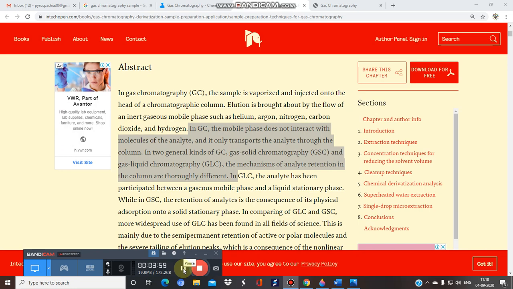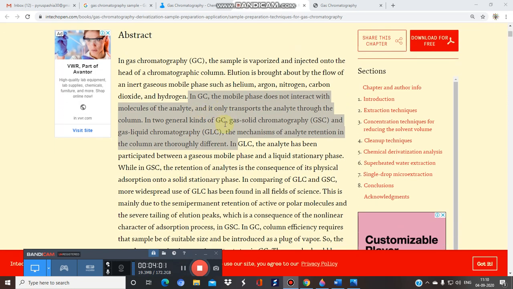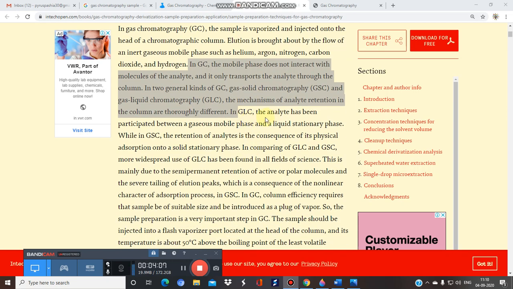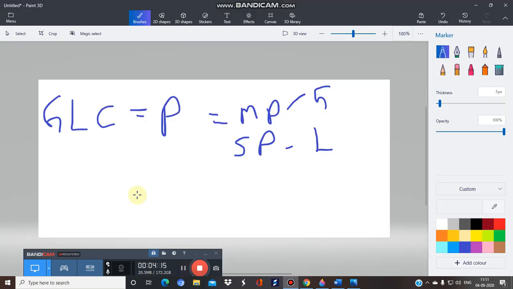In general, we know gas solid chromatography and gas liquid chromatography are used. See this important line: in GLC, the analyte partitions between a gaseous mobile phase and a liquid stationary phase. The basic principle of gas liquid chromatography is partitioning, because the mobile phase is a gas and the stationary phase is a liquid.